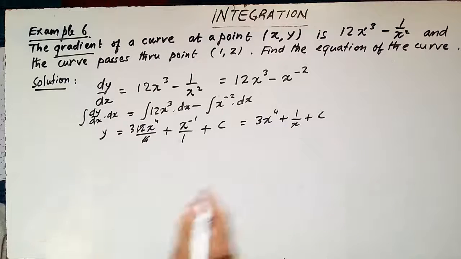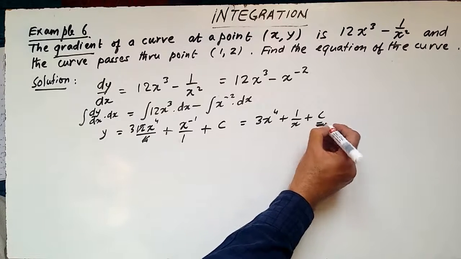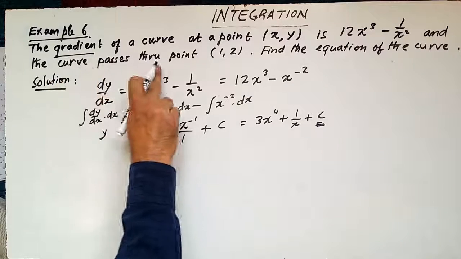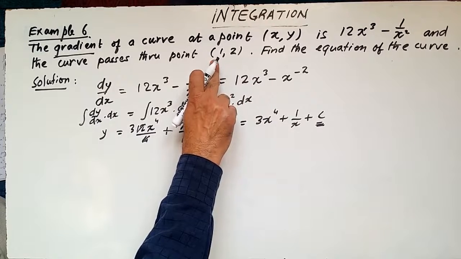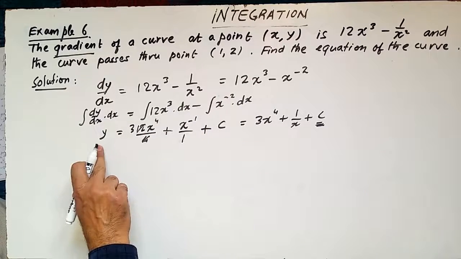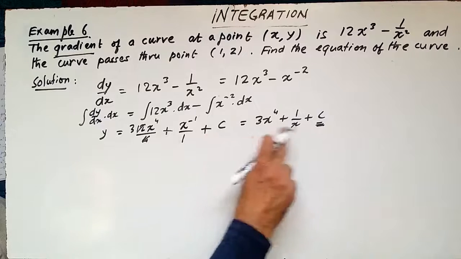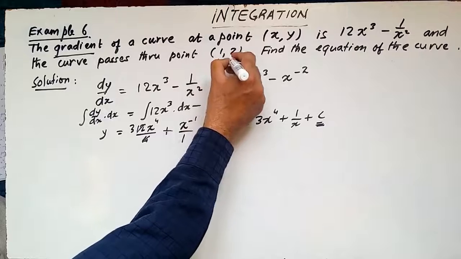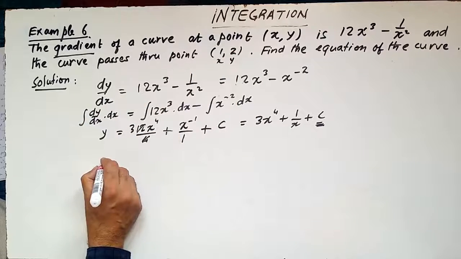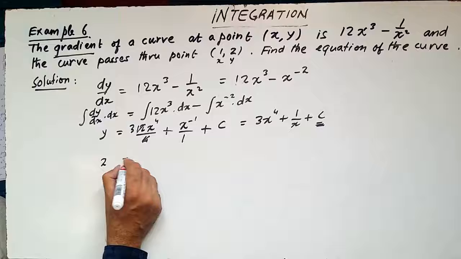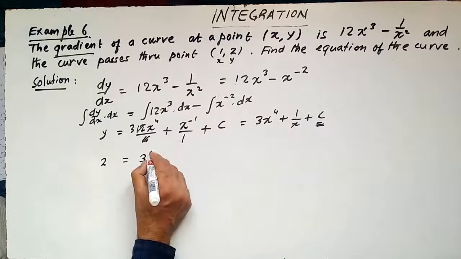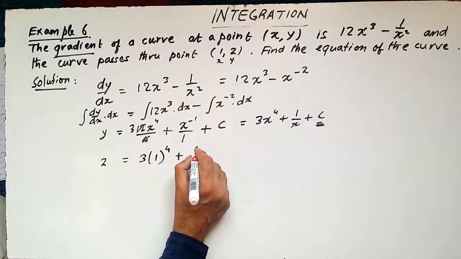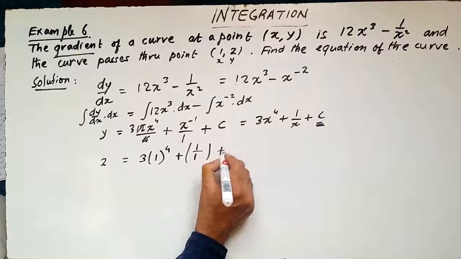But now the only thing left is finding the value of c. How can we find the value of c? We already know that this curve passes through the point (1, 2). So if we substitute the values of x and y in this one, we can easily get c. What is the value of y here? This is x and this is y. So y is 2, and x is equal to 1. So 2 is equal to 3 times 1 to the power 4 plus 1 upon 1 plus c.